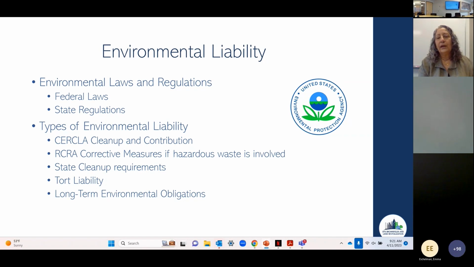And this is tort liability, for those who are unfamiliar with the term, a sort of civil liability by a member of the public or a neighbor or someone who comes onto your site for some sort of personal injury or damages associated with the presence of contamination on the property. And there is insurance for those kinds of liabilities. And we will go into the long-term obligations later in this slide deck.